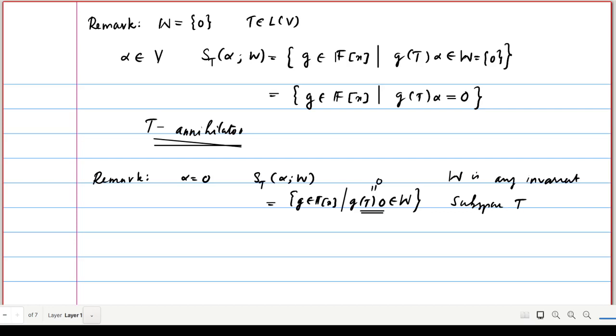So 0 is always in W, so this contains the whole of F[x]. We can choose any polynomial from F[x] which makes the statement true. So S(T; alpha, W) equals F[x] if alpha is equal to 0. These are the two important remarks on this definition.